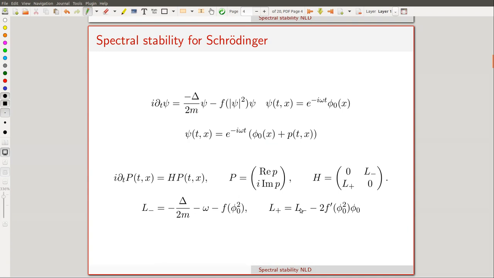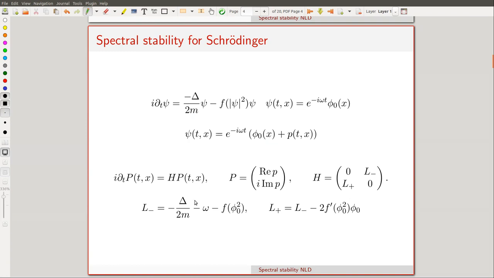L plus and L minus is the historical usual notation, but L plus is actually below L minus, because it's L minus minus 2 times this quantity, and phi 0 was positive and F was monotone increasing. So this is actually a positive quantity.